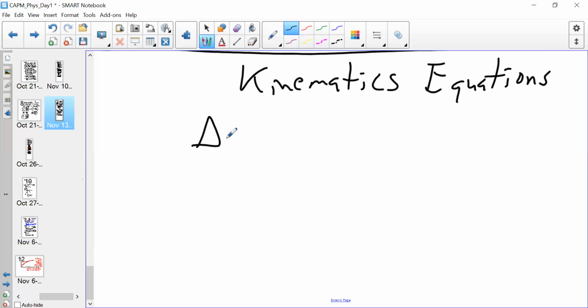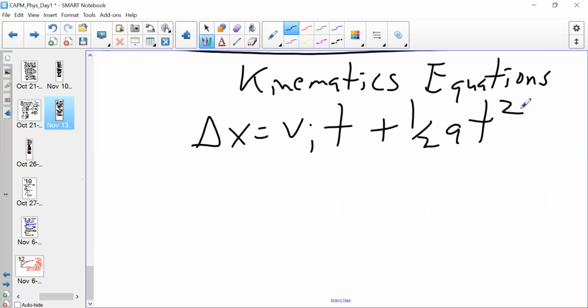So delta x equals v_i t plus a half a t squared. I'll explain what they mean in a moment. So I'm just writing them down, and I've derived the 4th one, and then we'll dissect them all.